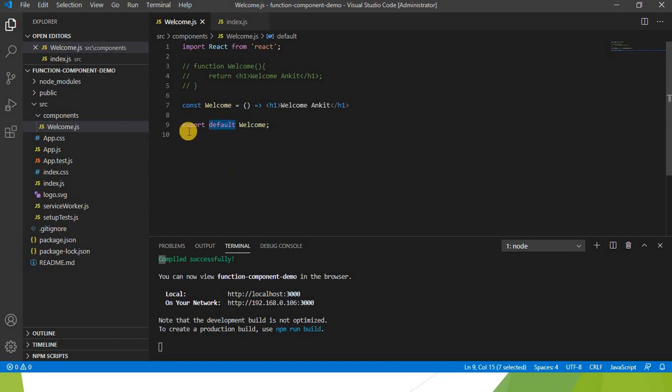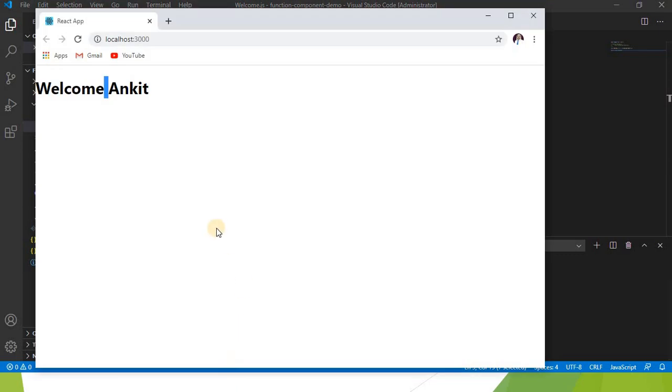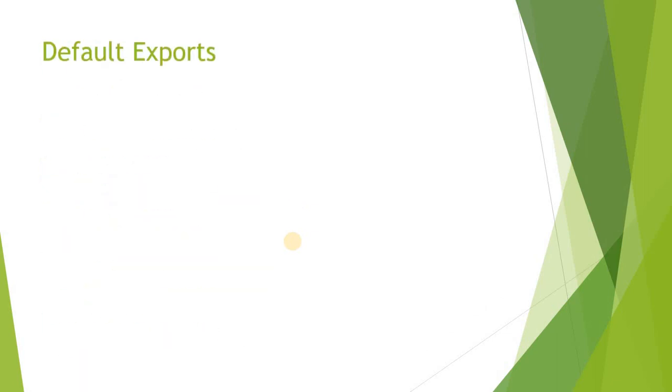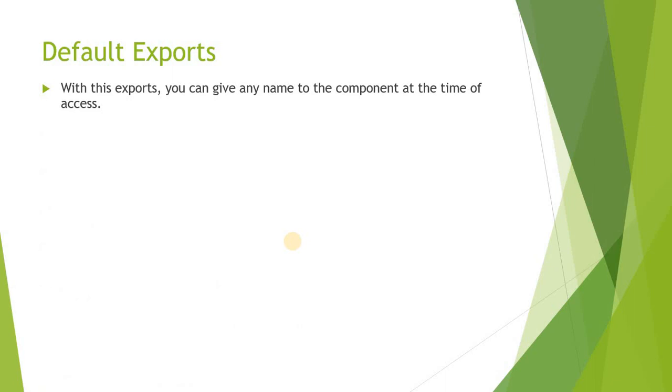What do we mean by default? Here we will discuss that there are two types of export, default export as well as named export. The first one is default export. With this export you can give any name to the component at the time of accessing it.